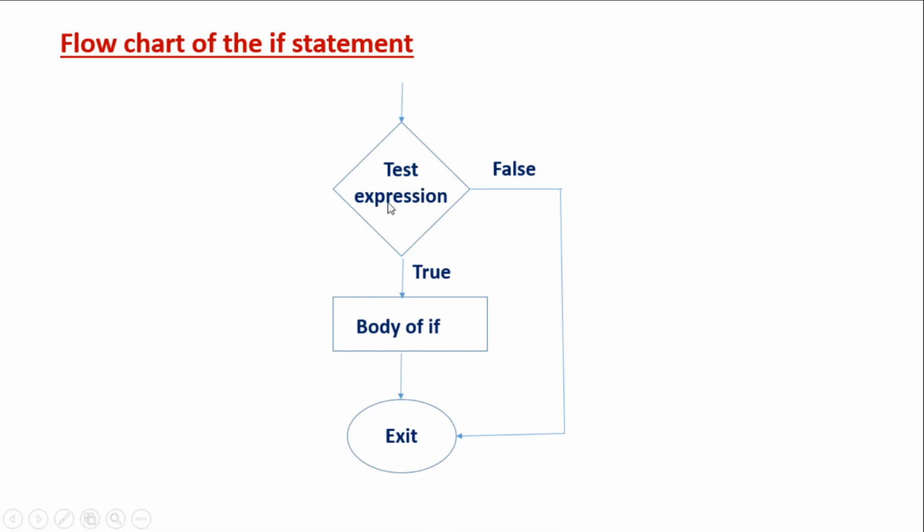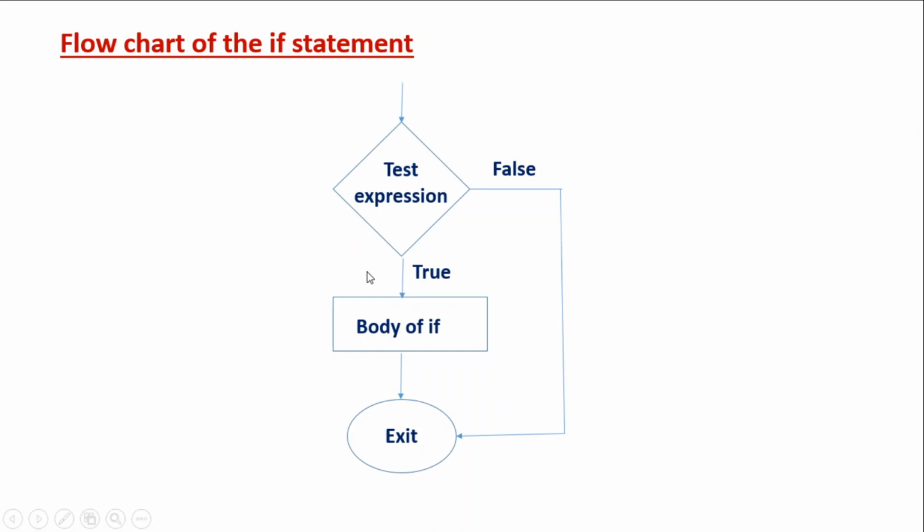So if a particular condition is satisfied, the control will pass over to the body of the if, that is the statements, and after the execution of the statements, it will exit. But suppose the condition is not satisfied, then what happens? It will not go through the statements or the body, it will exit at that point itself. So this is how an if statement works.